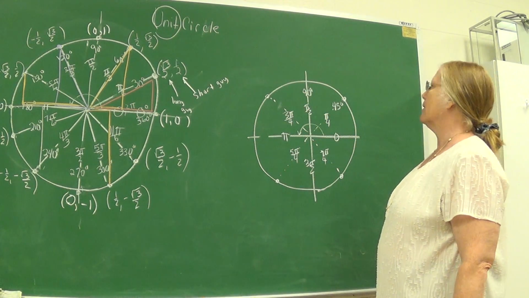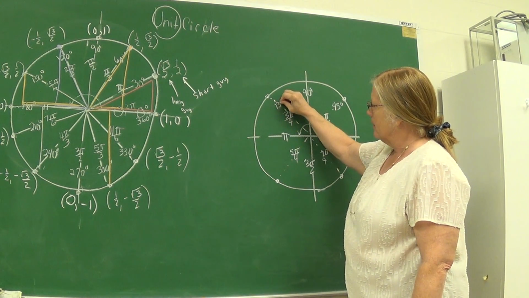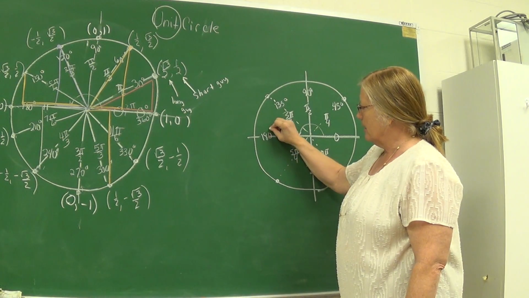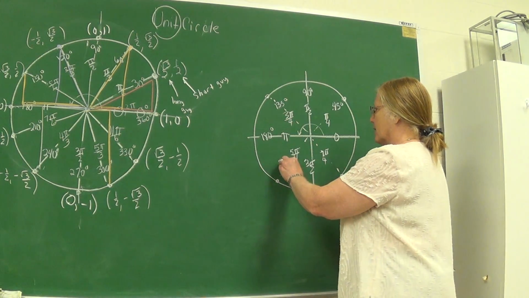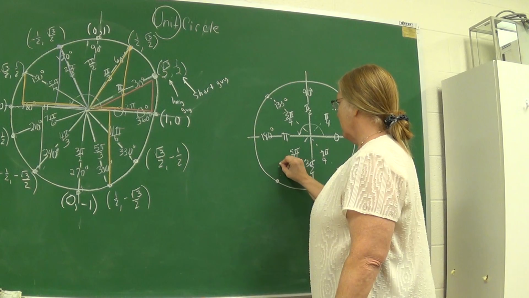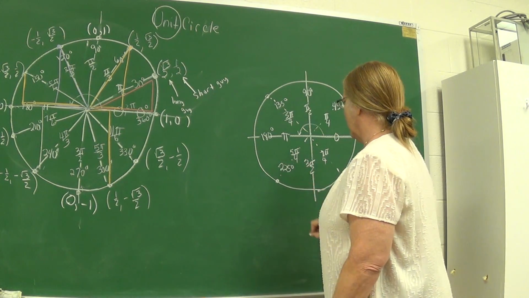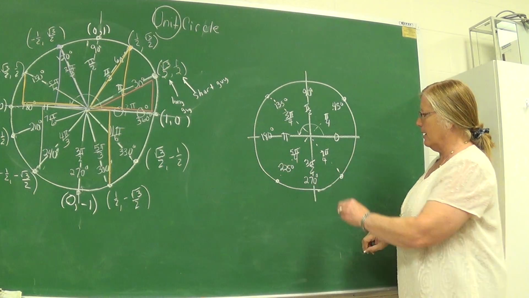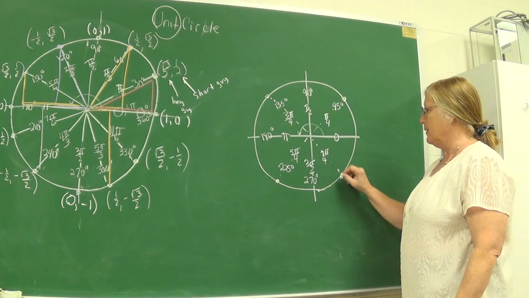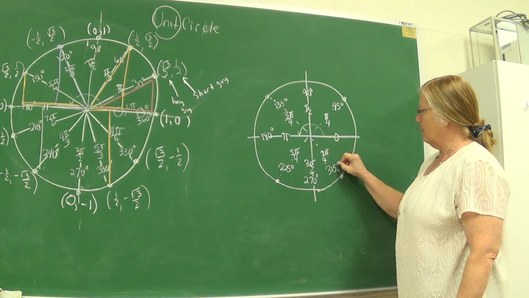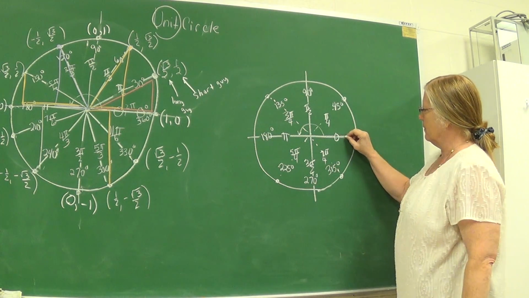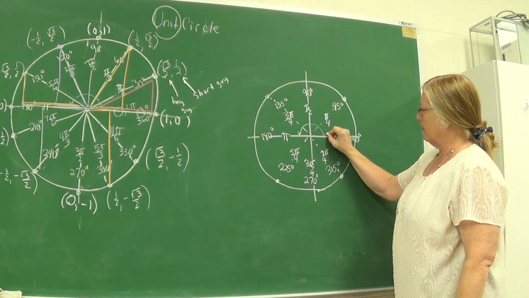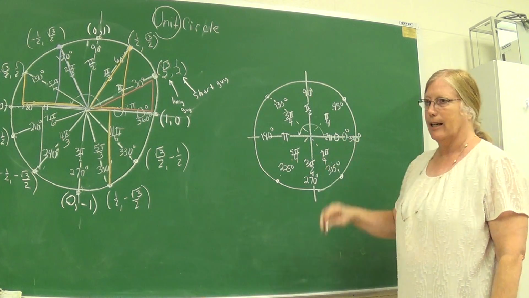Come on, you can do this. 135, and another 45 is 180, and 45 is 225, and 45 is 270, and 45 is 315, and 45 brings me up to the 0 line again, or 360. 2 pi for radians. So that line has a lot of names.